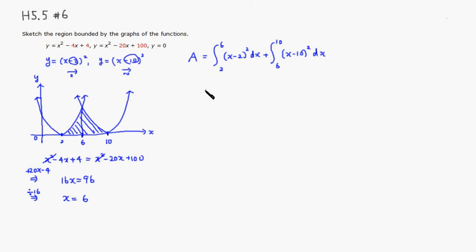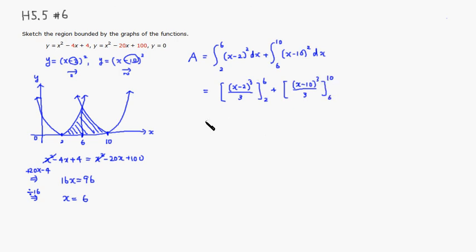Take the antiderivative. The antiderivative of x minus 2 squared, since the derivative of x minus 2 is just 1, is convenient: it's x minus 2 cubed over 3, adding 1 to the power and dividing by that power, going from 2 to 6. Plus the antiderivative of the second, which is quantity x minus 10 cubed over 3, going from 6 to 10.